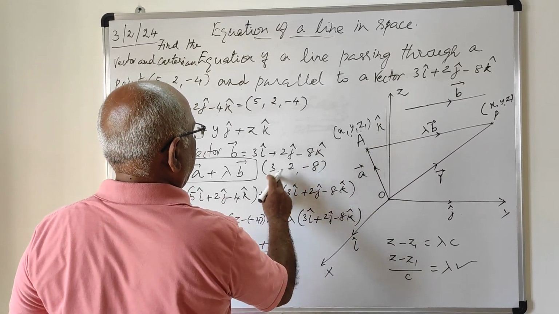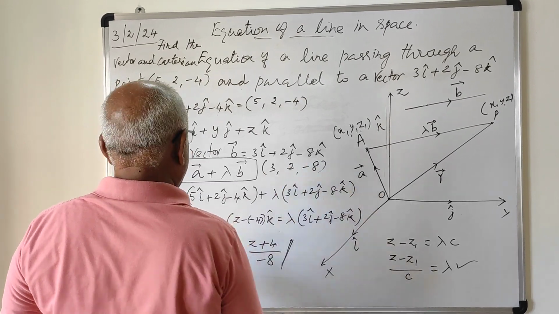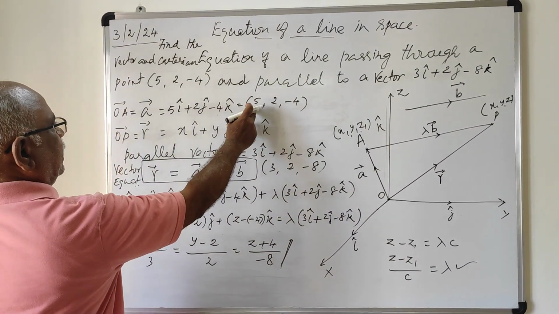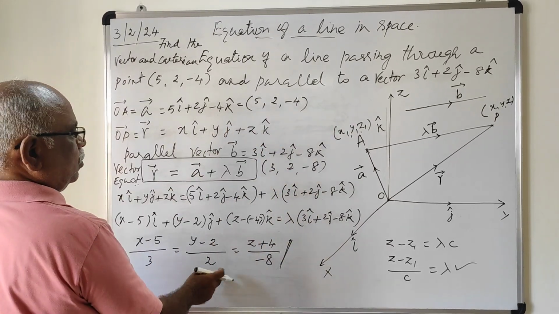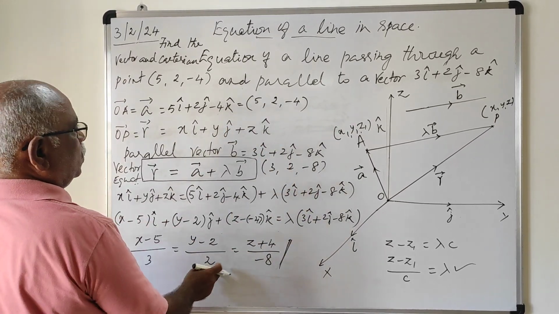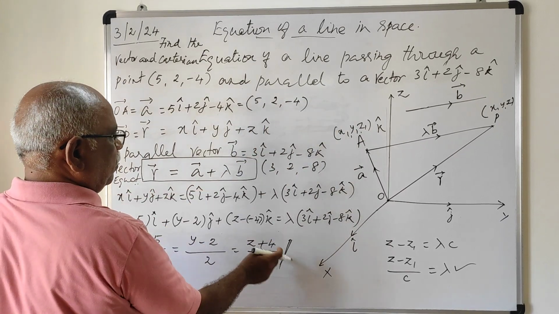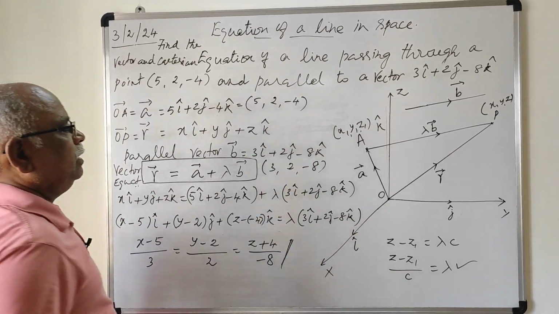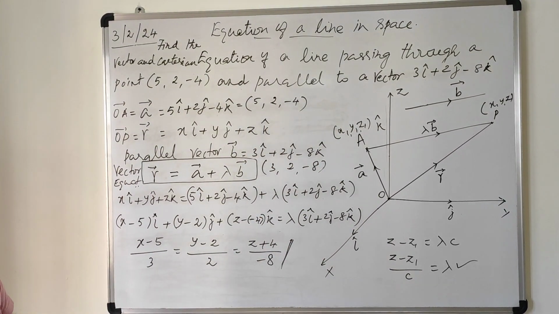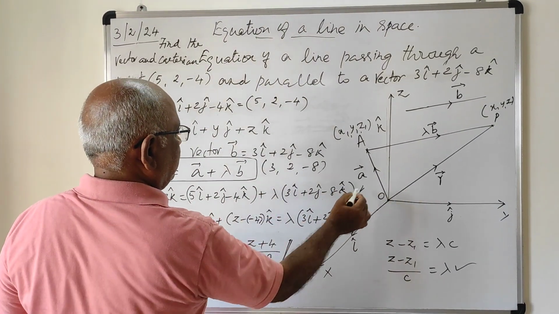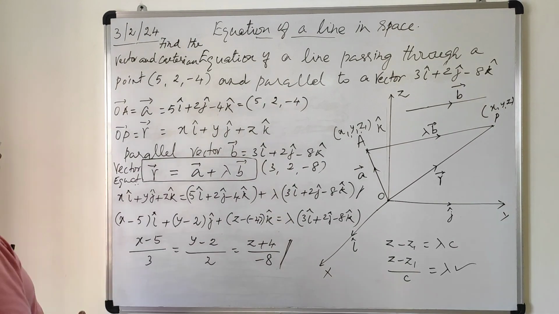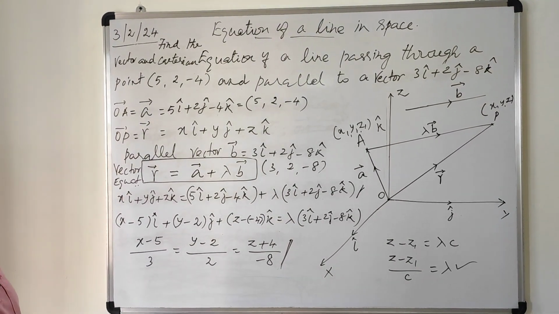So x minus 5 by 3, y minus 2 by 2, z plus 4 by minus 8. That's all about the vector and Cartesian equation. This is the vector equation and this is the Cartesian. That's all about the problem.